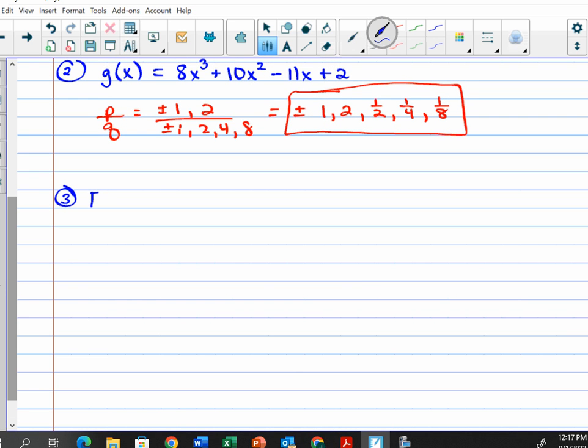All right, find all solutions. You're going to start the same way, but then you're actually going to solve this. Okay. I will walk you through it, don't worry. All right, so your f of x is 3x cubed minus 2x squared minus 12x plus 8.